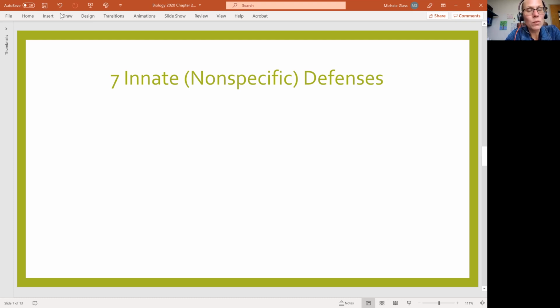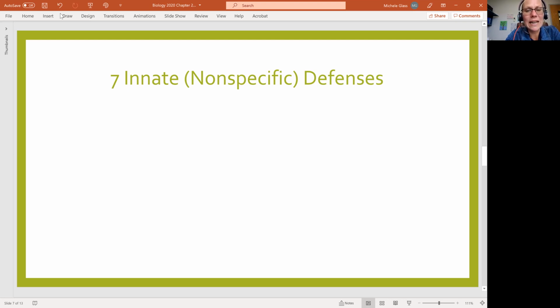When we say innate, what we're saying is these come along with you when you're born. So you have these. These are not dependent on being exposed to particular pathogens. These are just defenses that are automatically there from the first minute.